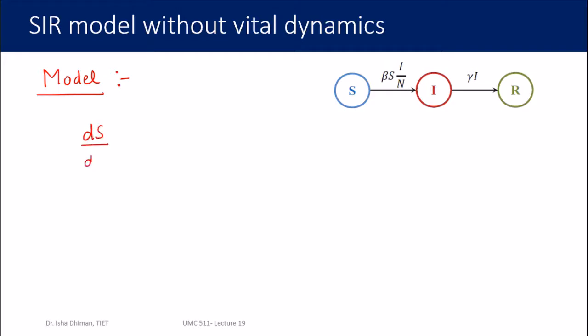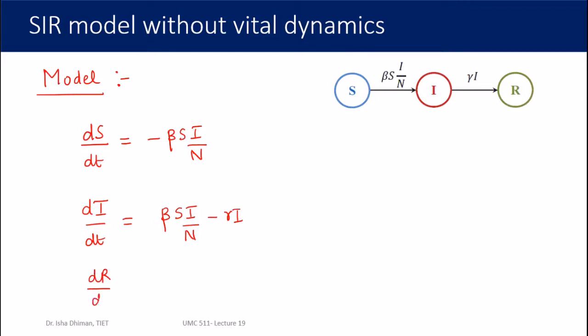So firstly we write dS by dt is equal to minus beta SI by N. dI by dt is beta SI by N, because the people who went from susceptible to infected came here, so this factor is plus here, minus gamma I. So gamma I is the number of people going from infected to recovered class, because gamma is the recovery rate. So here it is plus gamma I.